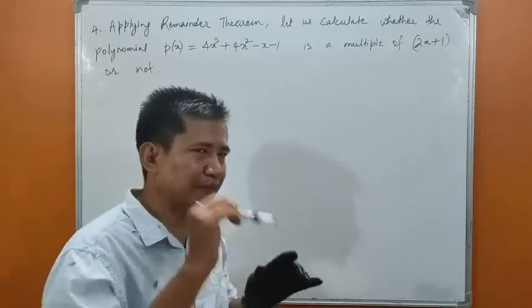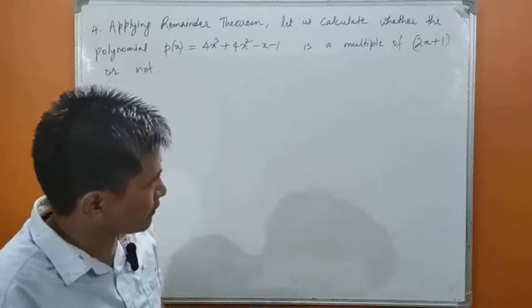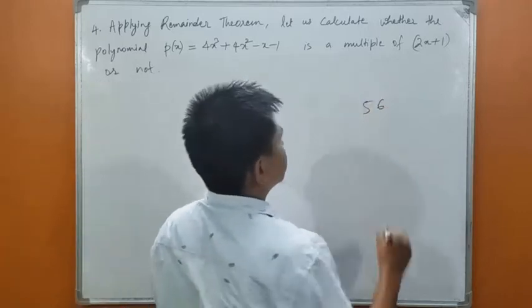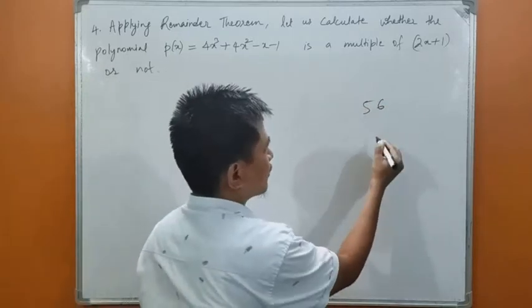Let me tell you what multiple means. First, let us understand what multiple means. Let me write a number here. This is 56, isn't it? And suppose we have another number 8.